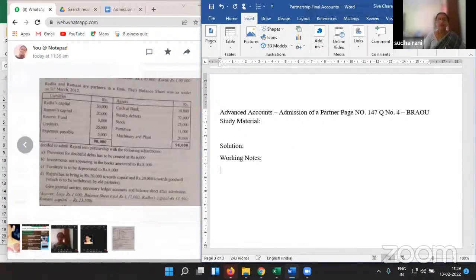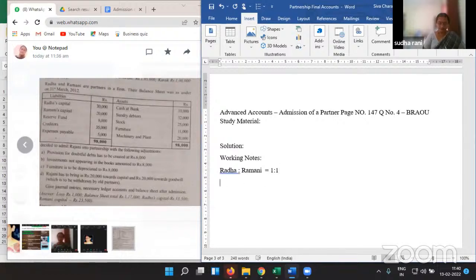First we need to take the information. Who are the partners? Radha and Ramani. What is their profit sharing ratio? Nothing is given, which means 1:1. If nothing is given, they are sharing equally. Radha and Ramani's profit sharing ratio is 1:1.